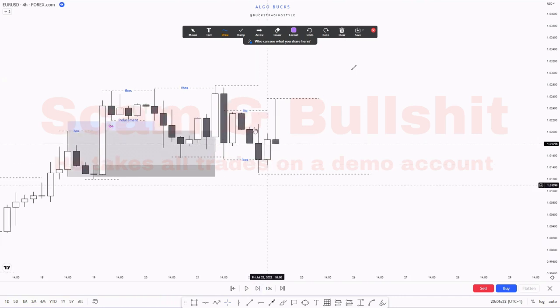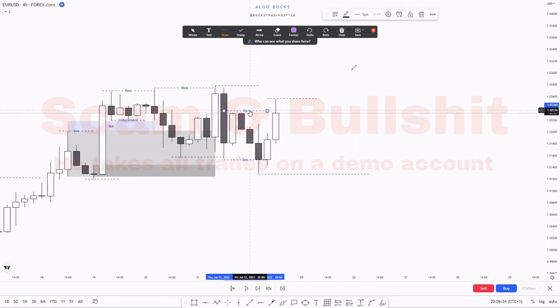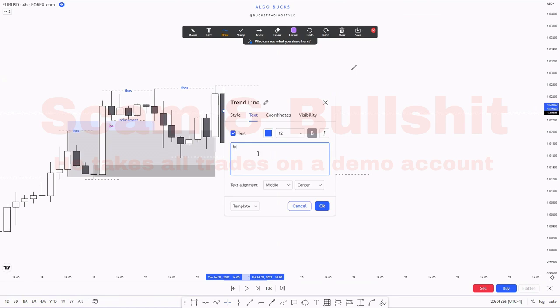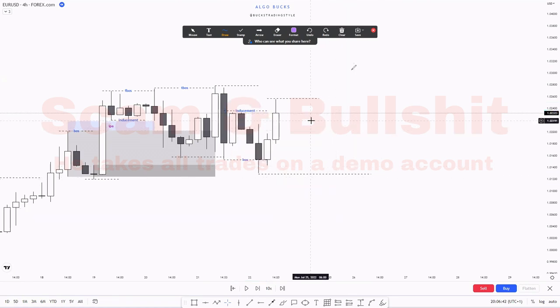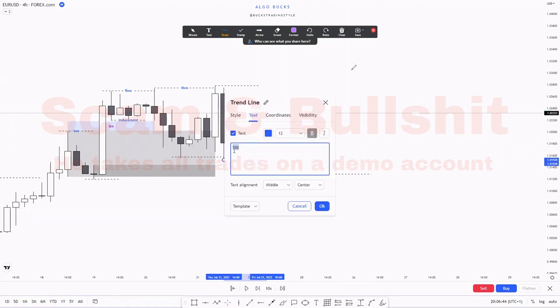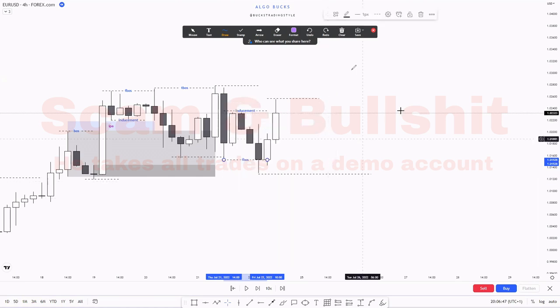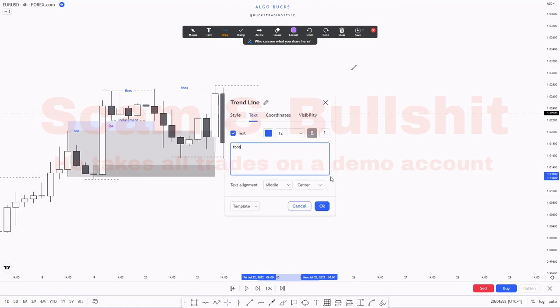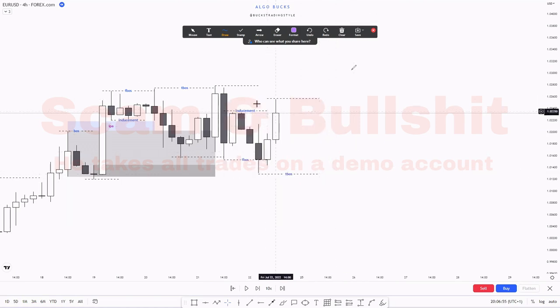So let's keep seeing. Price broke the structure. Then as soon as price takes out this high right here, this becomes our inducement. Then this low becomes our fake break of structure. For this to be complete, we want to see a true break of structure and mitigation.